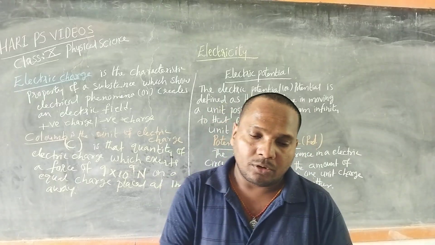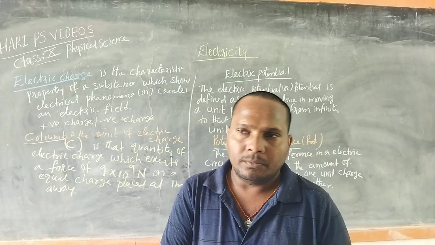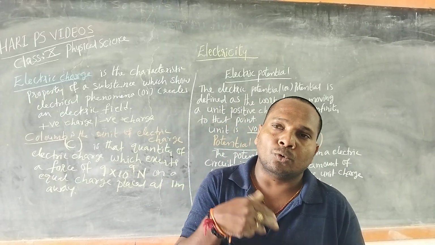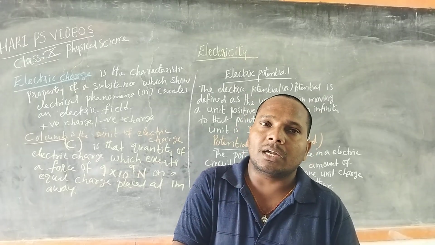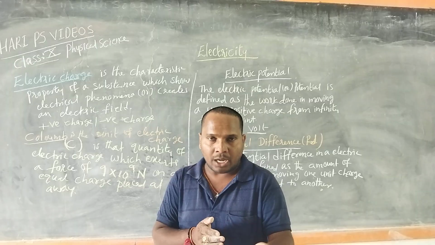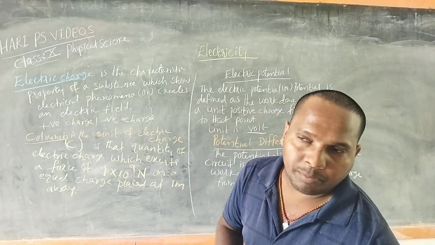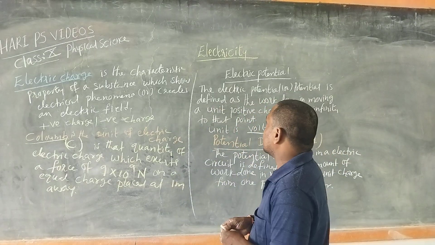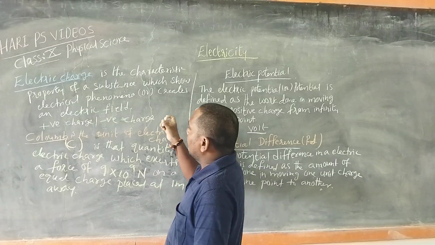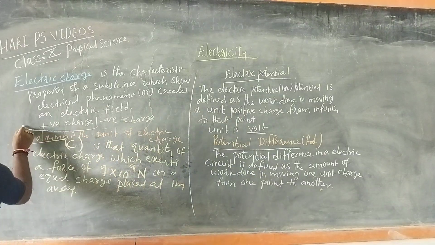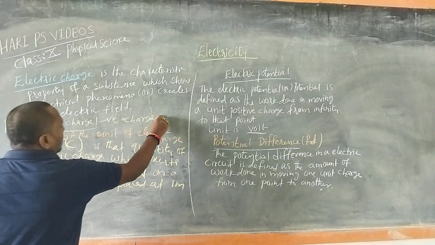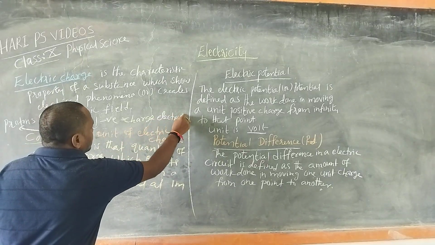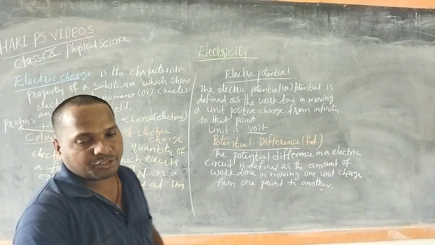There are two types, as we already know. Matter consists of two electrically charged particles. Positively charged particles are called protons, and negatively charged particles are called electrons.